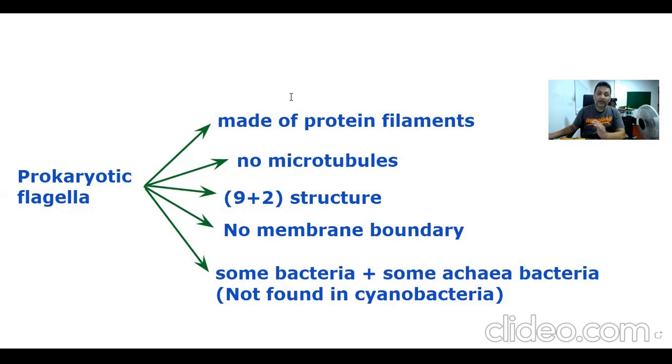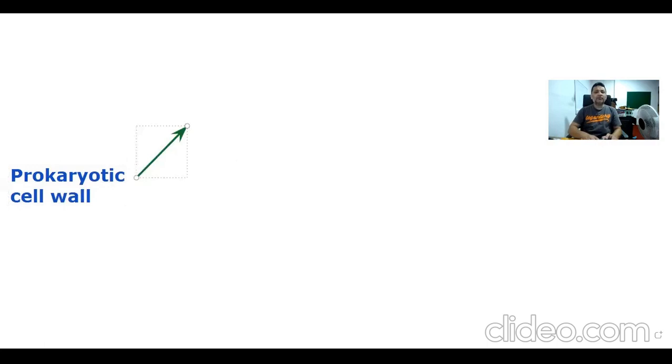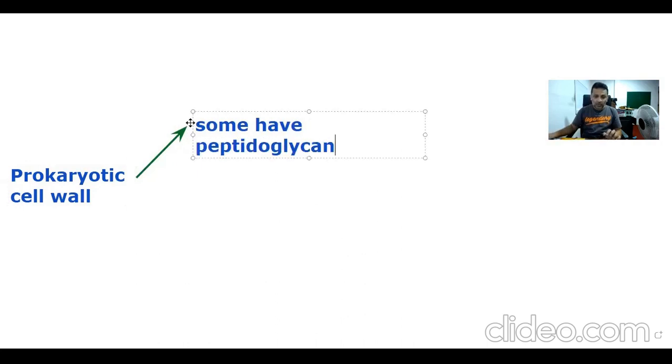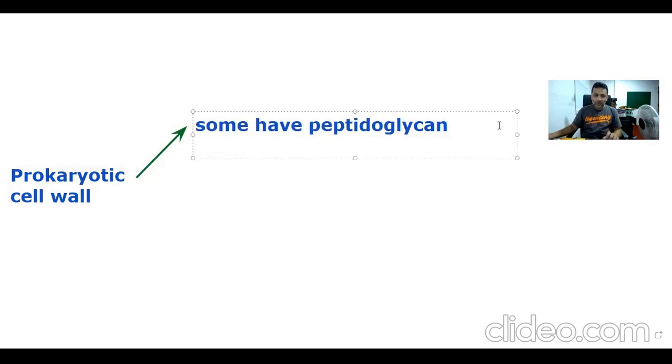Right, so that's regarding prokaryotic flagella. Completing that, you come to the second one, the prokaryotic cell wall. If we consider the prokaryotic cell wall, one point: some prokaryotes have peptidoglycan as their cell wall component.